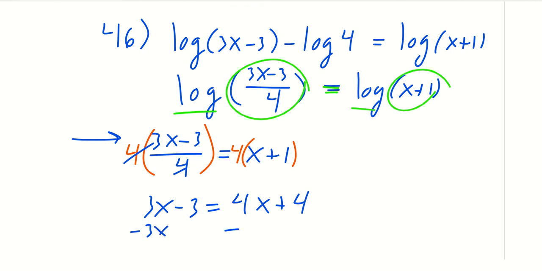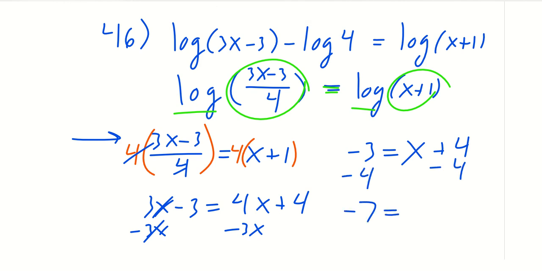We now need to get all of our x's to one side. So I'm going to subtract 3x from both sides. We get negative 3 equals x plus 4. And now subtract 4 from both sides, and we get negative 7 equals x. Again, you should want to check this.